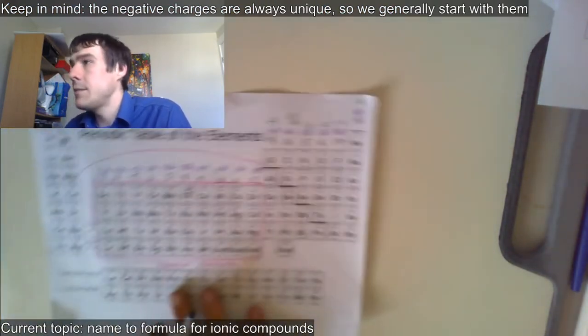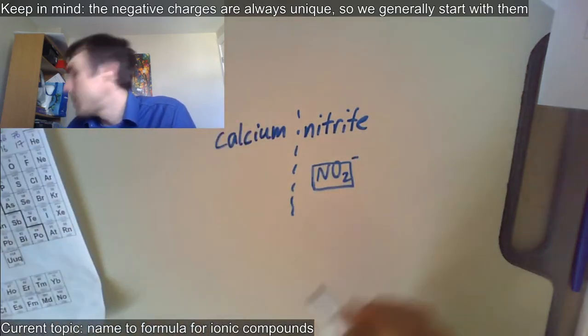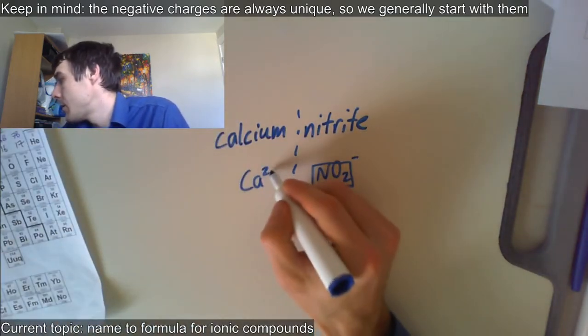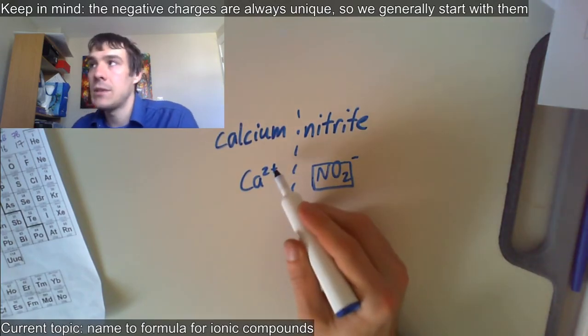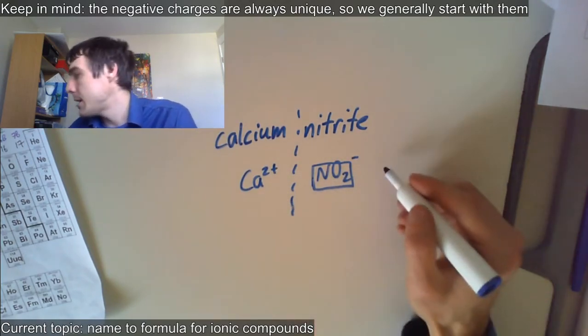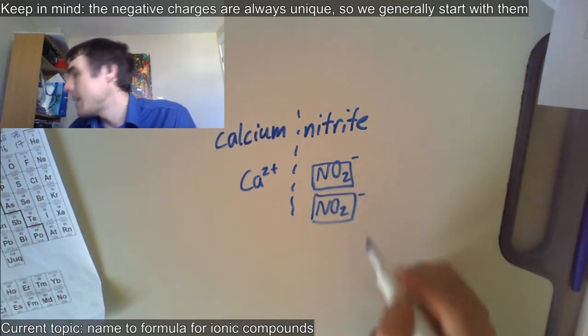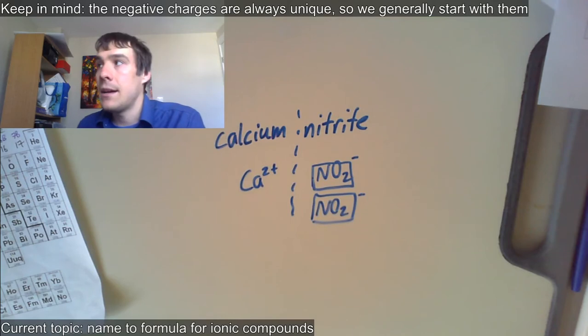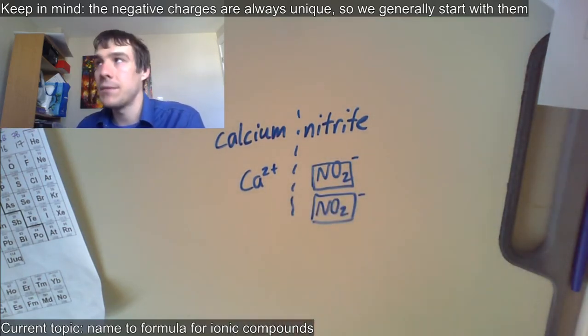Remember that it's a block, NO2 minus. Then we look at calcium. Calcium in our normal table is here in group 2, charge of plus 2. So calcium, 2 plus. Now we have to match our charge on calcium. We have to match this 2 plus. And the only way we do that is to bring in a second nitrite, NO2 minus, like that. And now we have 1 calcium and 2 nitrites. We have to write the formula to reflect this.